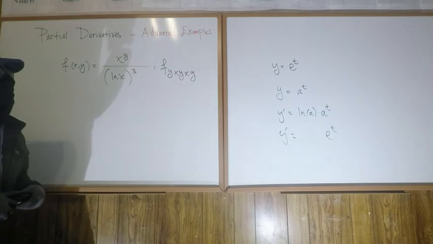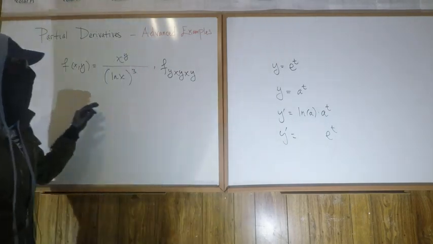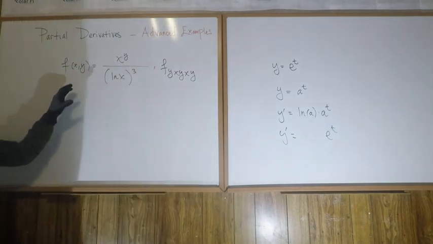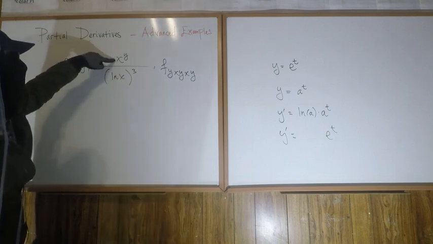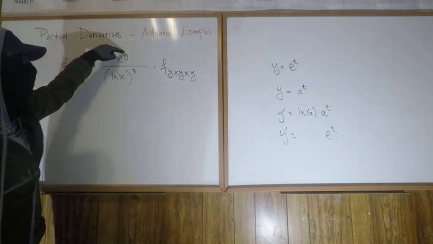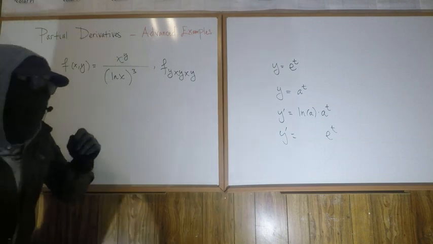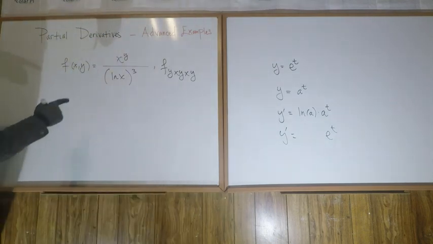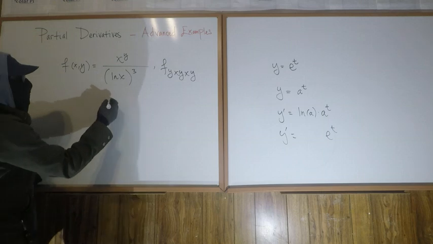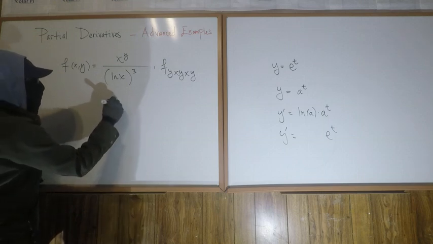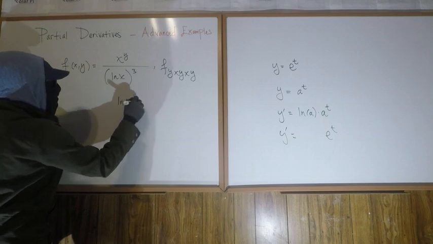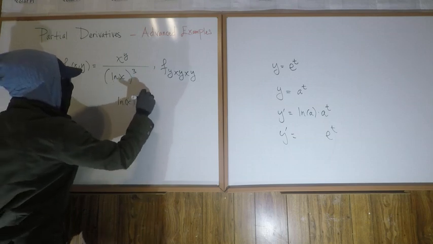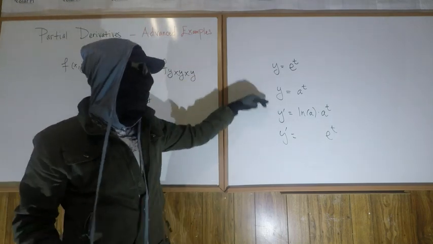Now, why am I discussing this at length? Because we're going to consider taking the partial with respect to y to start, meaning the denominator is a constant, and in the numerator we have a constant to a variable power, where the variable is y. So we see that the derivative of the numerator is going to be the natural log of x times x to the y power, again by using what I did over here.